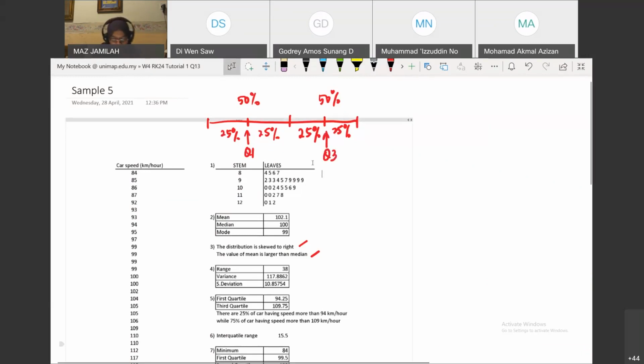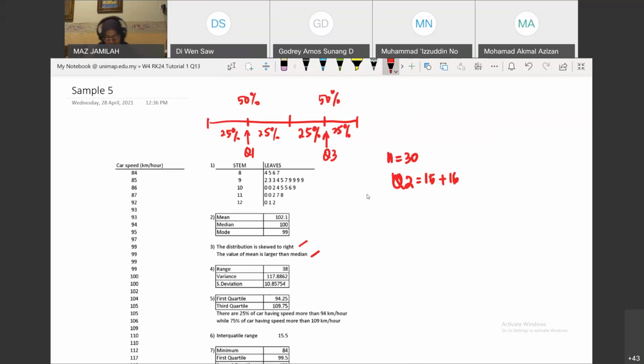Now, how do we find this? By using the plot. We have 30 data, so the median, the Q2, would be between the 15th and the 16th value. So it would be between the two.